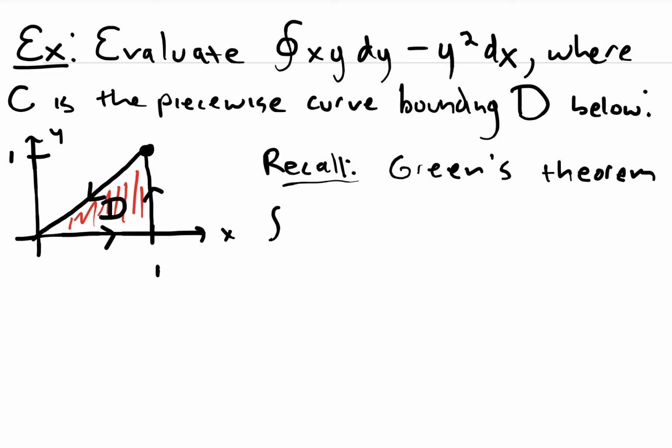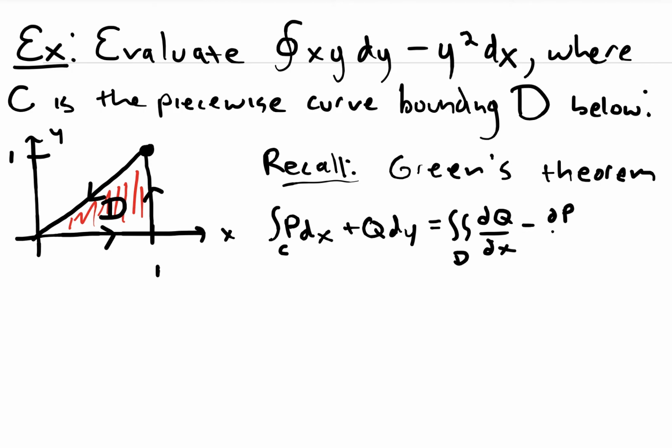The formula for Green's theorem says that if you have P dx plus Q dy, if we're taking that as a line integral, we can rewrite this as an area integral. And that area integral is going to be dQ/dx minus dP/dy over whatever region C encloses. Okay, so this is what I'm trying to get us to use here.